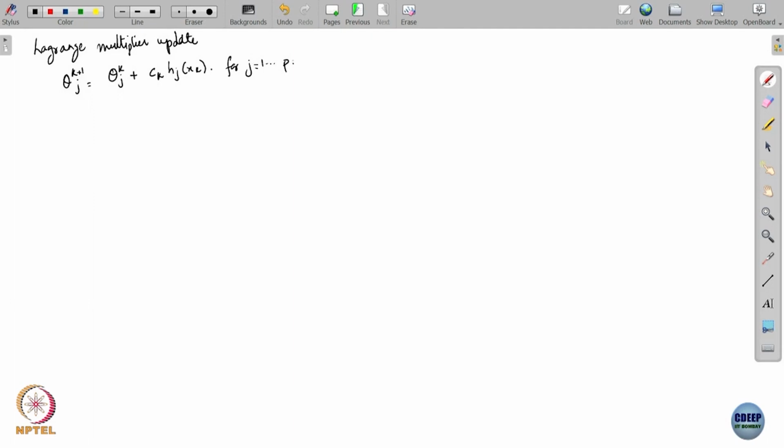So, the overall augmented Lagrangian method is to do the following: you consider an increasing sequence of penalty parameters C k. I have taken this to go to infinity, but it is basically simply an increasing sequence.